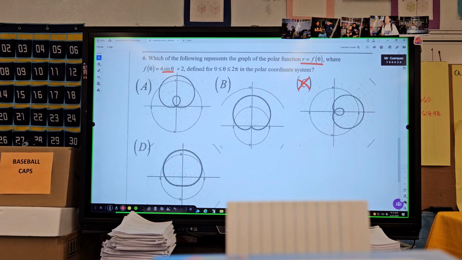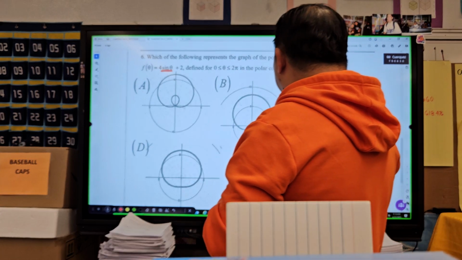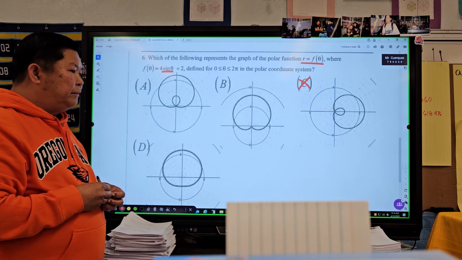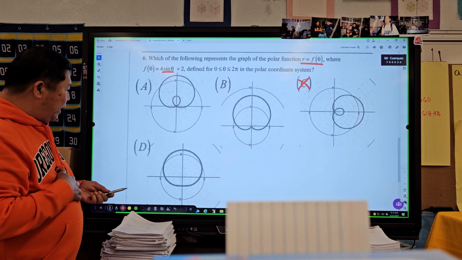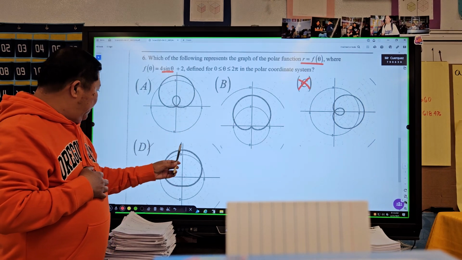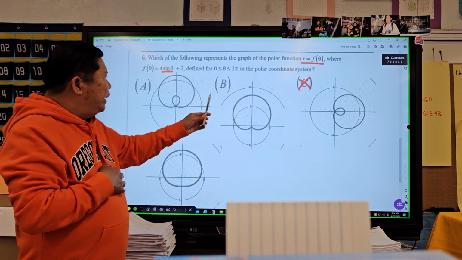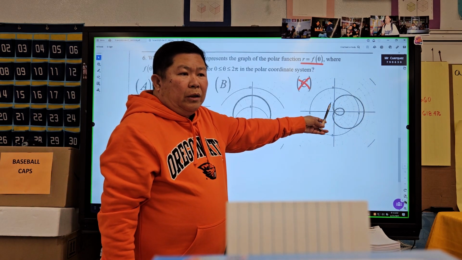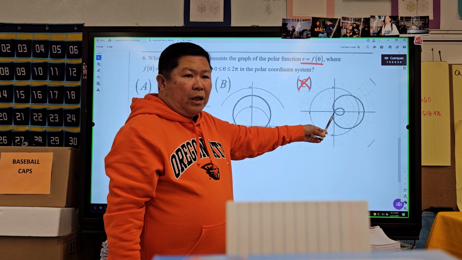So the cosine is on the x-axis and the sine is on the y-axis. Okay, next. So what are the possible candidates right here? Possible candidates for sine, we have A, then B, and then D, right? But we already knocked out letter C because this is the graph of polar function, which is cosine.